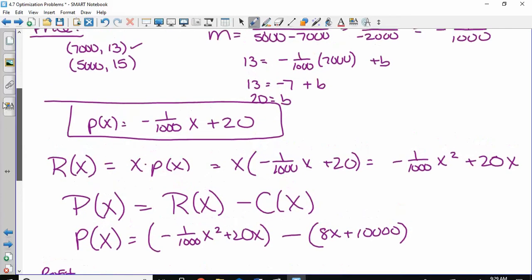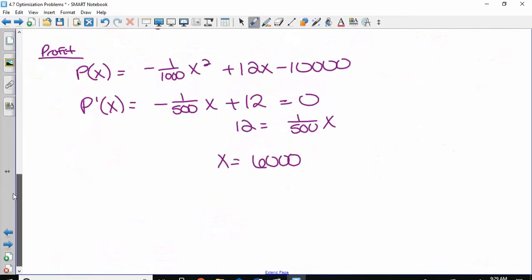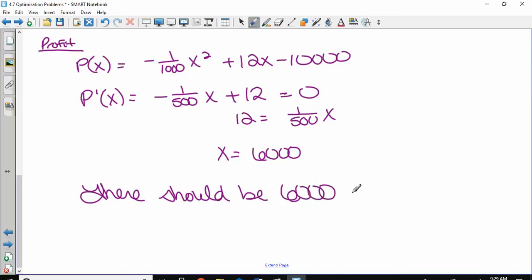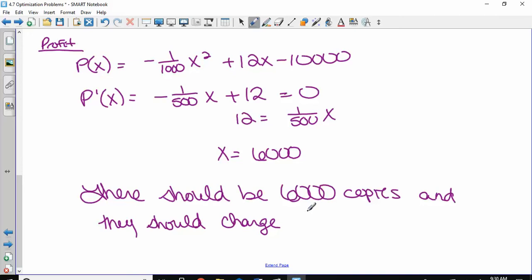So I asked 2 questions. I wanted to know how many copies should be printed, and we already said X was the number of copies. So there should be 6,000 copies. And I asked what the selling price should be. So we need to know how much we should charge for them.